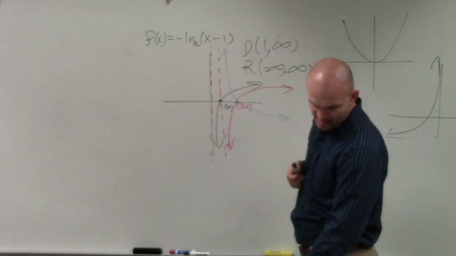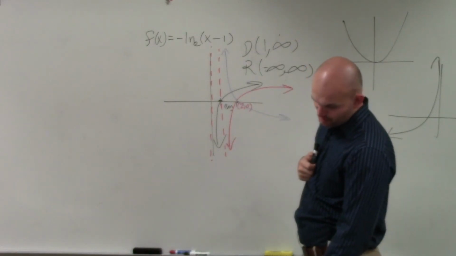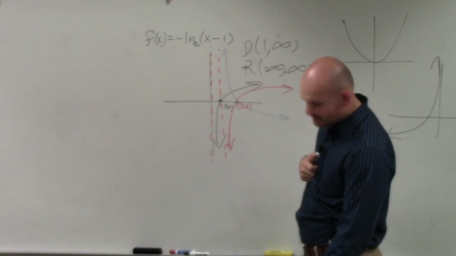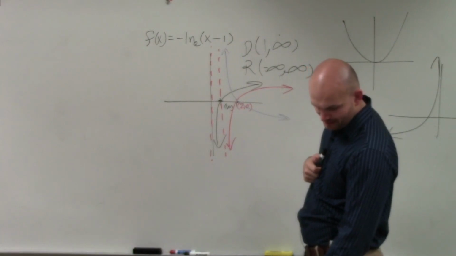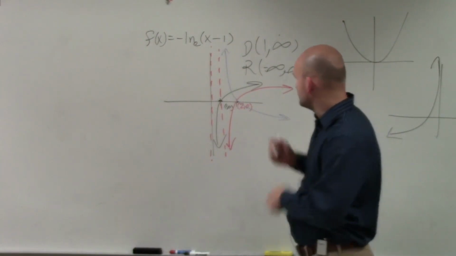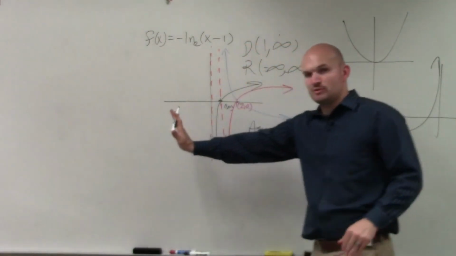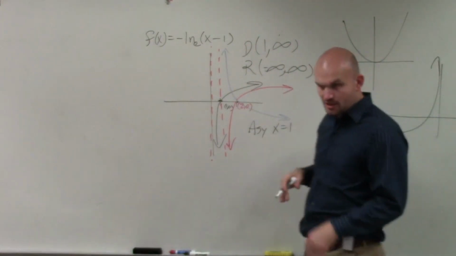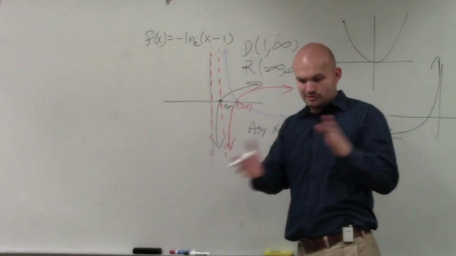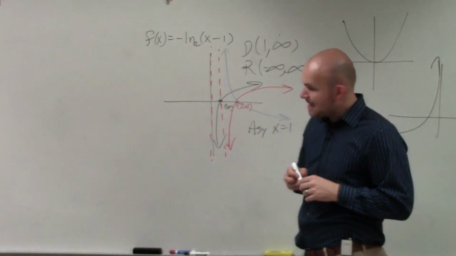Boundedness, this graph is not bounded at all. Extrema, there is no extrema. Symmetry, it is not symmetrical about anything. Asymptotes, you can say that the asymptote is at x equals 1, because remember we shifted the whole graph to the right. Originally the asymptote was at 0, so when you shift it over to the right. And then end behavior.